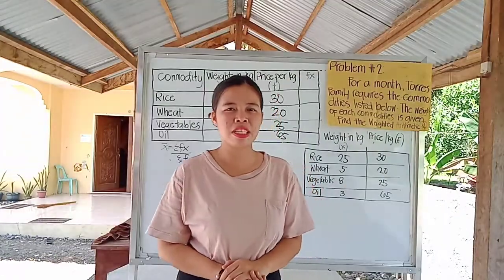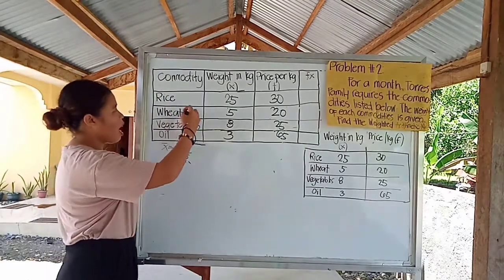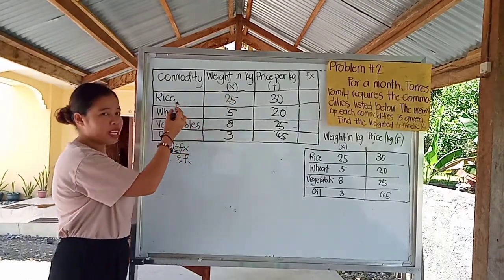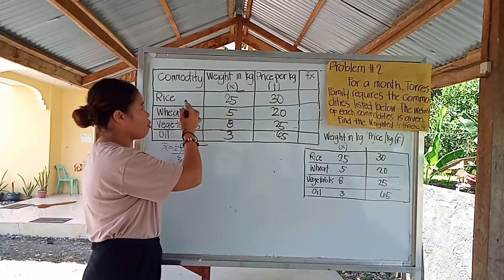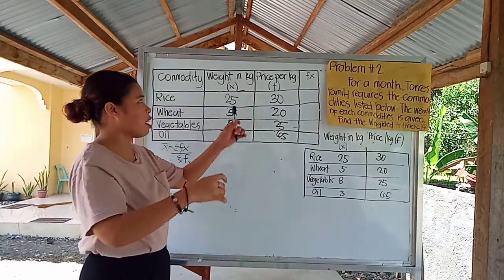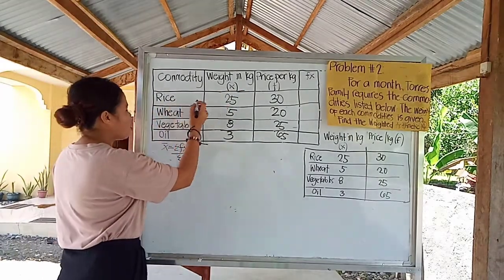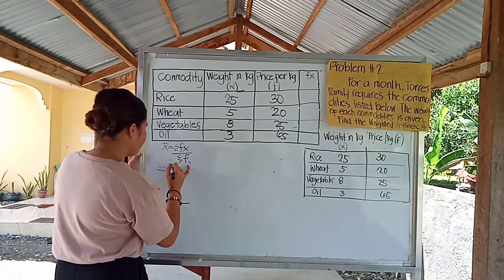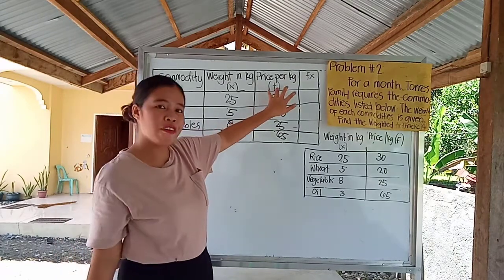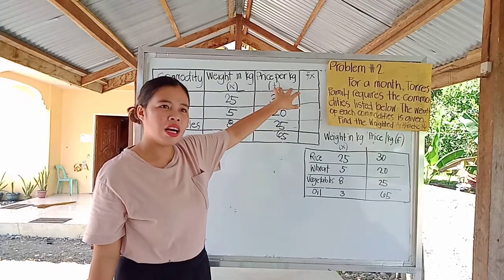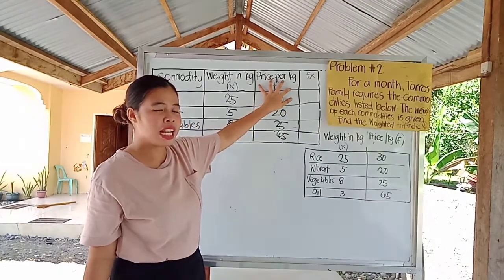The next step is we are going to copy the weight of each commodity. So the weight in kilograms of rice is 25, which is our x, times the F, or here the price per kilogram.